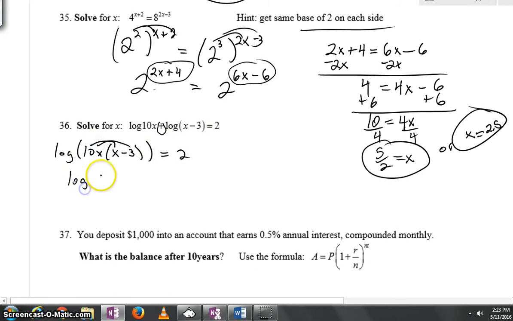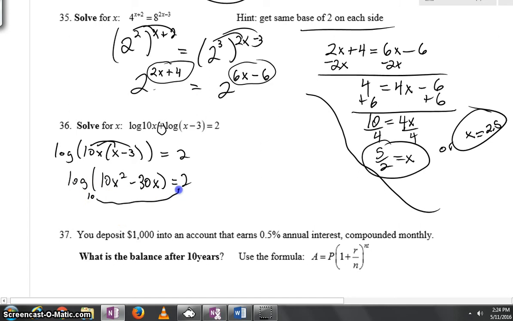We'd get 10x times x is 10x squared. 10x times minus 3 is negative 30x. At this point, you might wonder what we should do next. Well, we're going to do a log circle. There's a base of 10. I'm going to take 10, raise it up to the 2, and set that equal to 10x squared minus 30x.